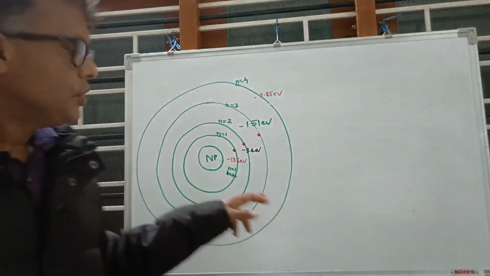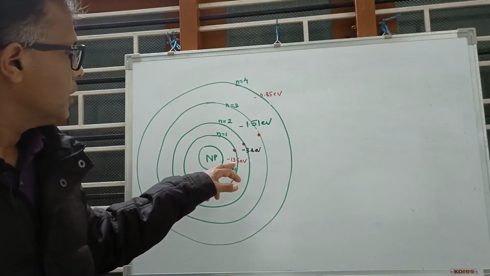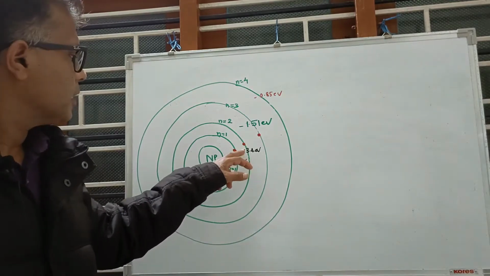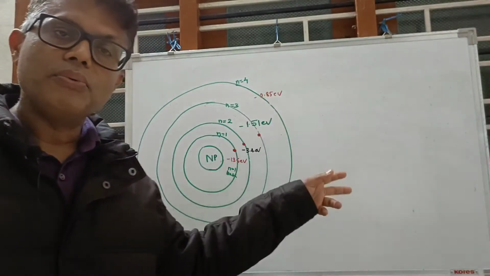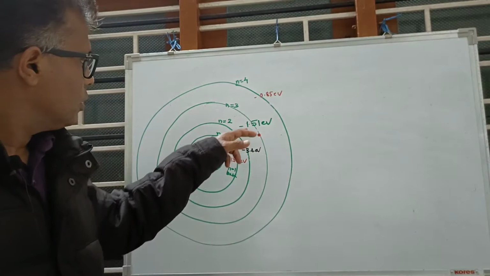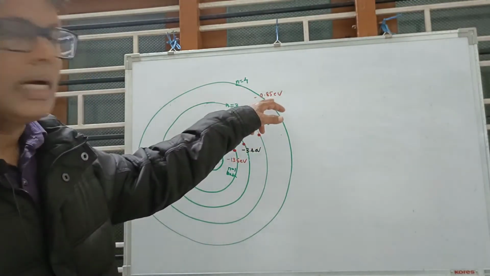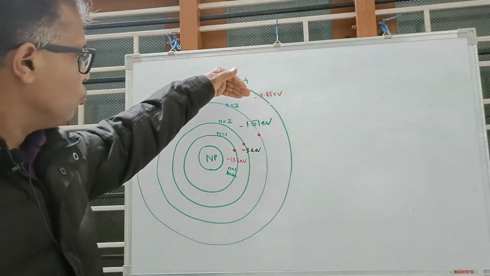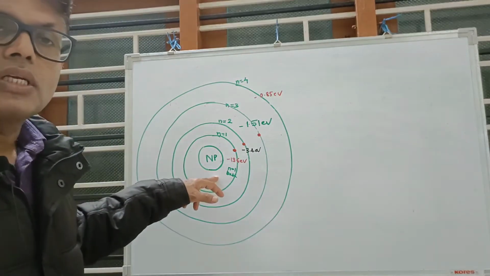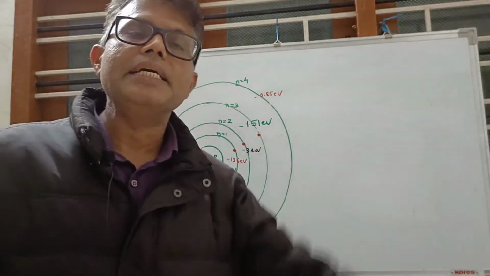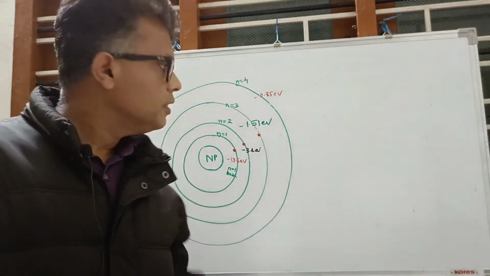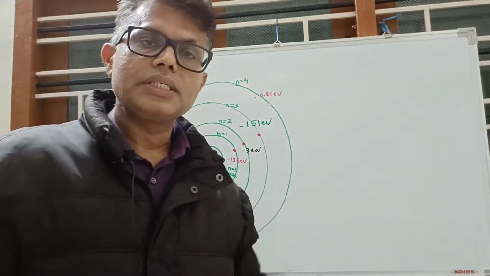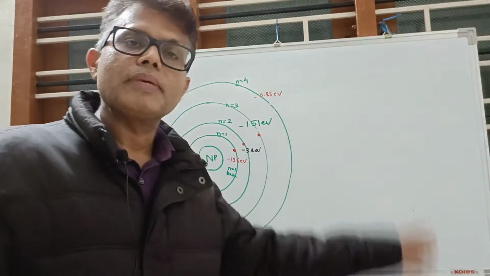So tell me which one is the higher value, minus 13.6 or minus 3.4? Yes, minus 3.4 is the higher value. So if an electron goes from a higher orbit to the lower, base orbit, the energy will be radiated out. This energy radiates out and gives us a spectrum.